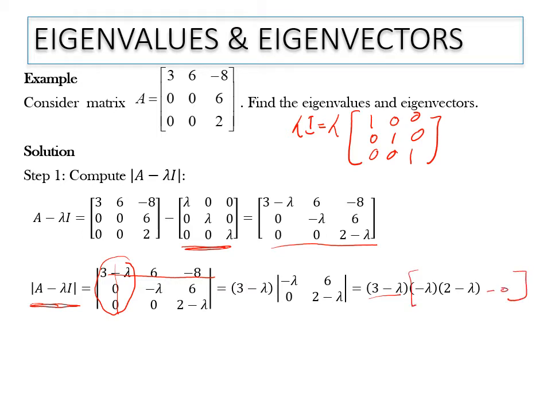In the end, we just have this, which is what we call the polynomial of lambda: 3 minus lambda, negative lambda, and 2 minus lambda. Now we will proceed to the second step.